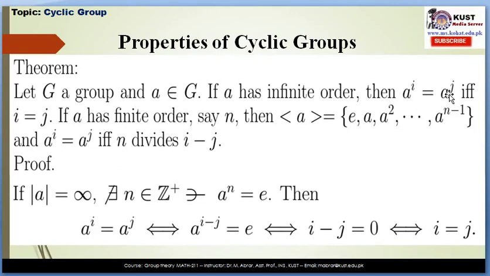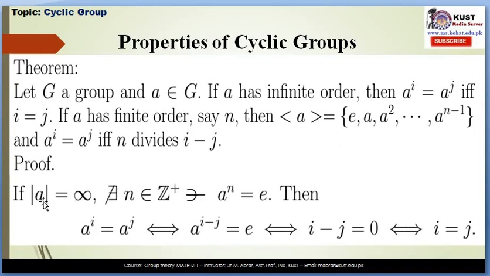So that was the infinite case, and in case of finite, the order is finite, then this happens if and only if n divides i minus j. There are two main parts.